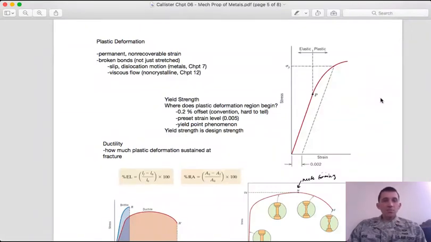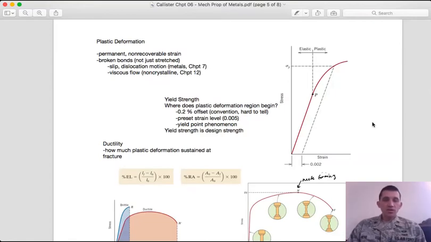And so what happens is that the atoms begin to rearrange. They don't completely pull apart. I don't break all of the atomic bonds in a particular cross-section at the same time. That would actually take an enormous amount of force.